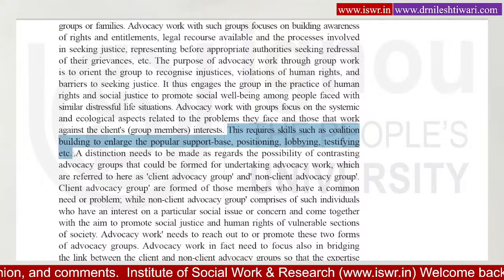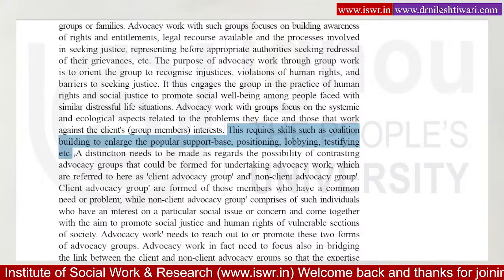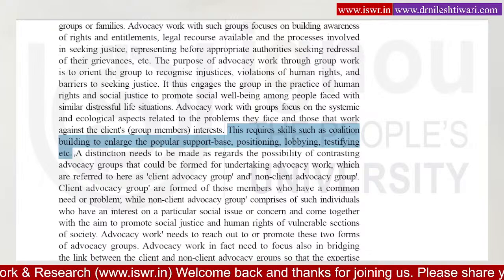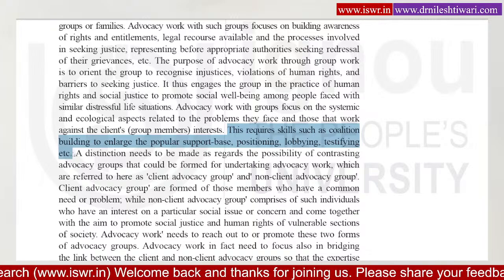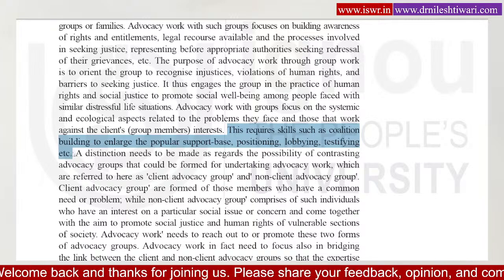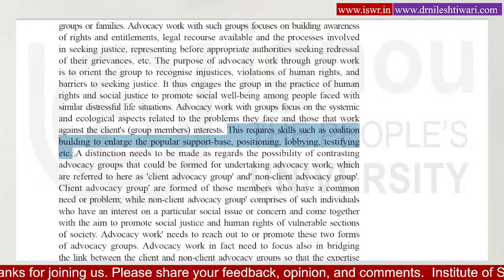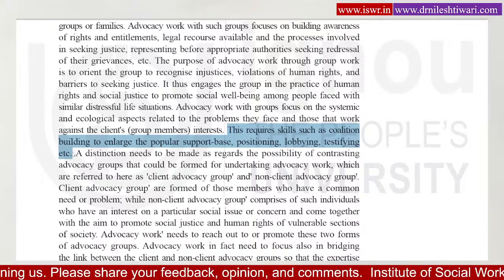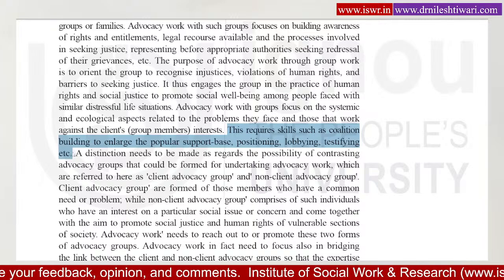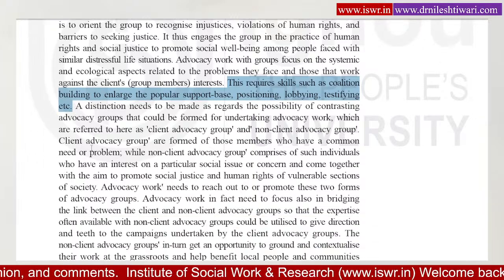This requires skill of coalition building, building the people, making them a group, supporting them, positioning them, lobbying, testifying. So all these are important skills when we go for group work and we go for advocacy, right? So this is again important.